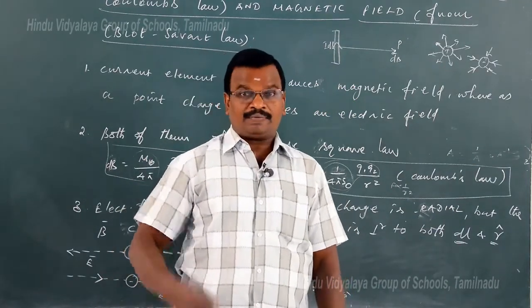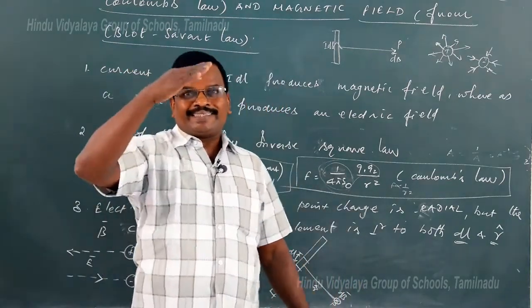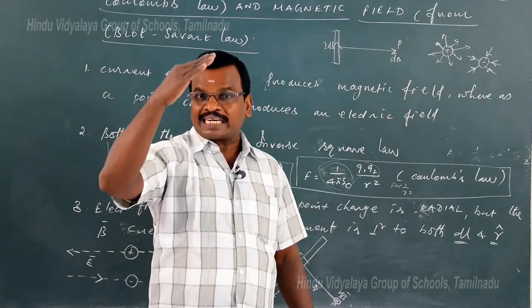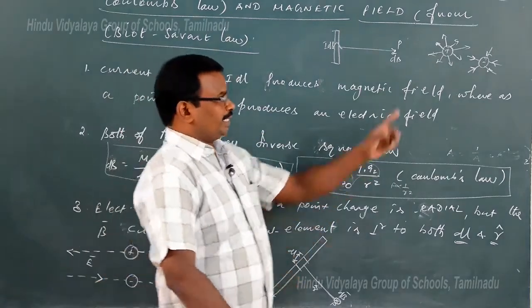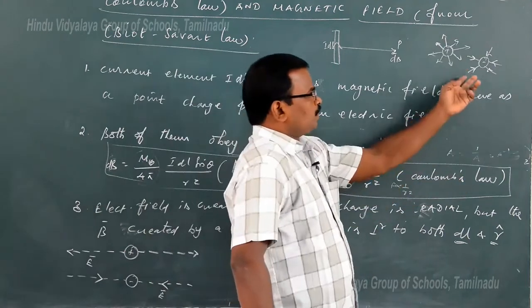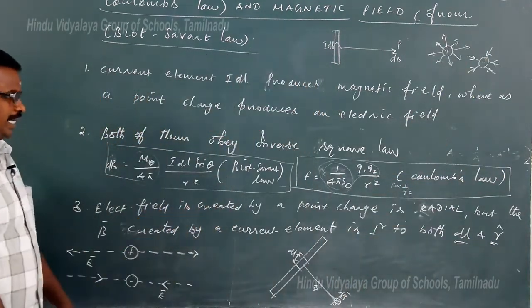Tangent, as we know from lower classes, is a line touching a single point of the circumference of a circle, and it acts perpendicular to the radius. So radially outward if the charge is positive; if the charge is negative, the electric field is radially inward.